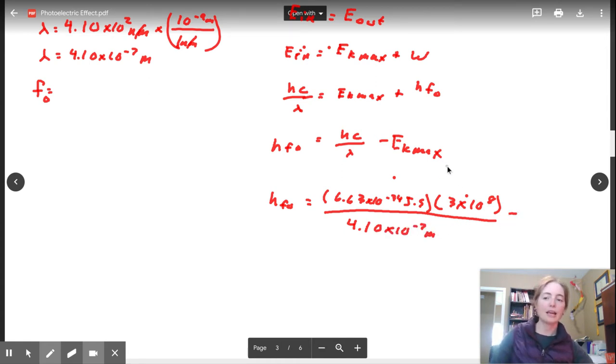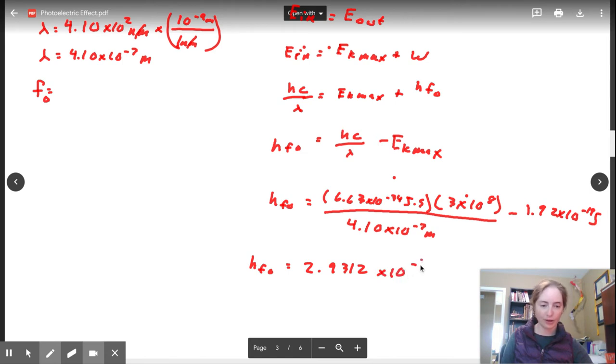Now the EK max is a value we've already been given, 1.92 times 10 to the negative 19 joules. So our HF0 is going to be 2.9312 times 10 to the power of negative 19 joules.